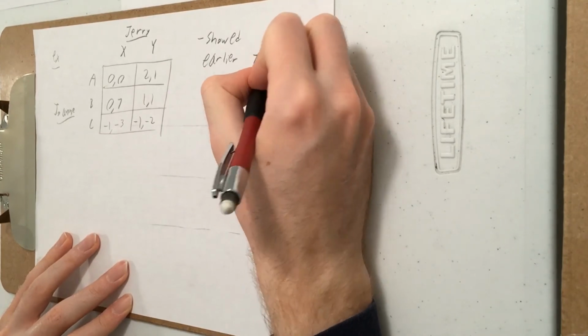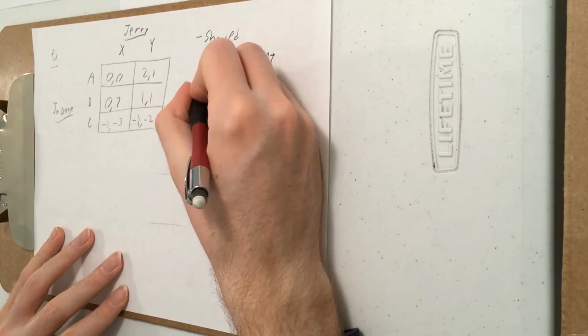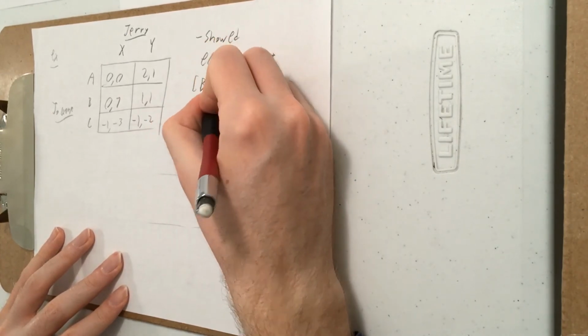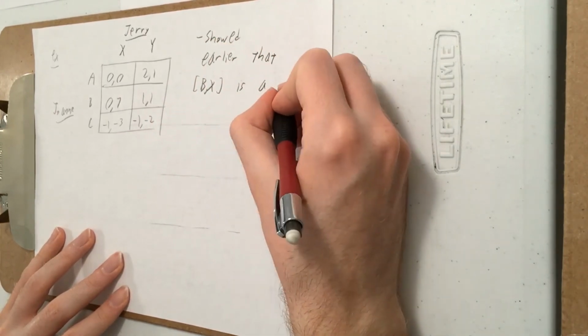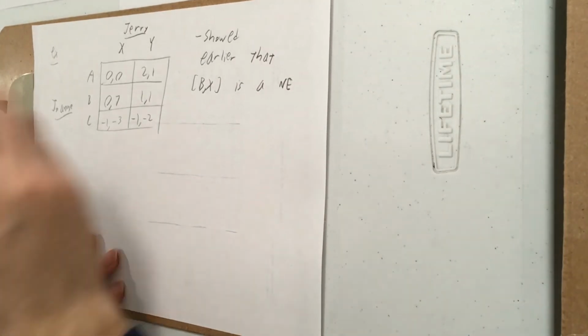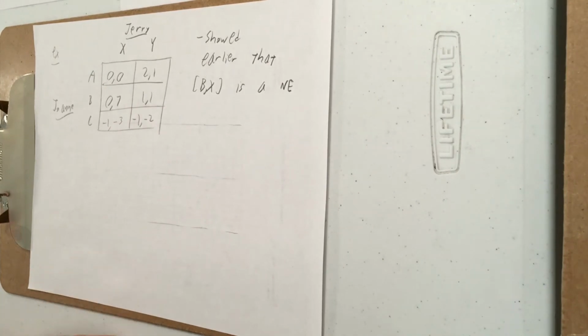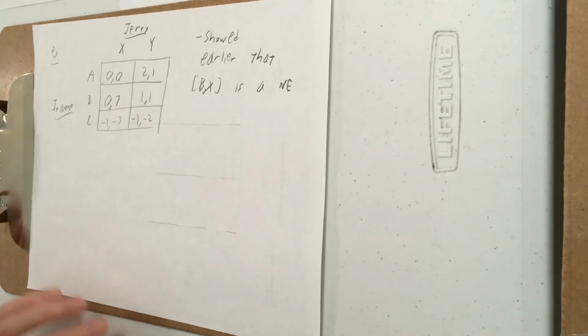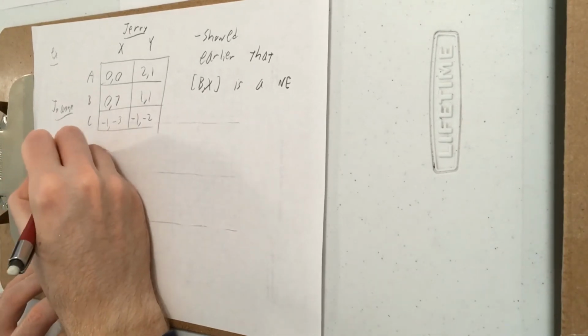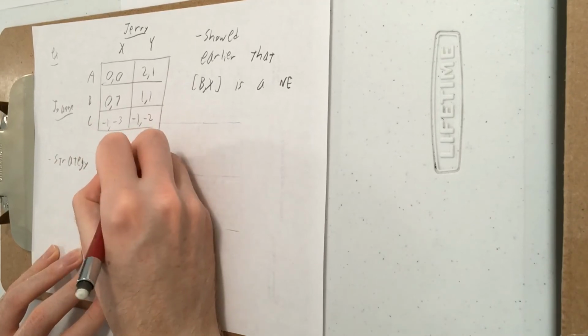So in that earlier episode, we found that Bx was a Nash equilibrium. However, it turns out that A weakly dominates B. Let's verify.